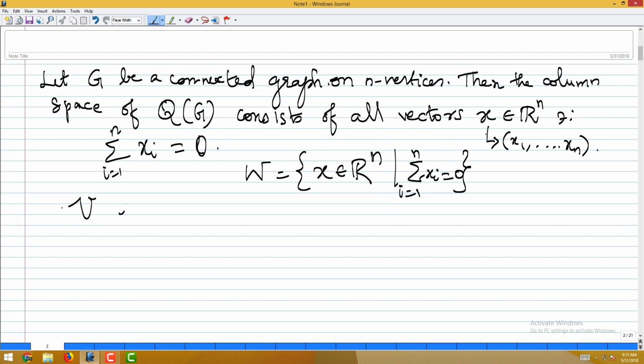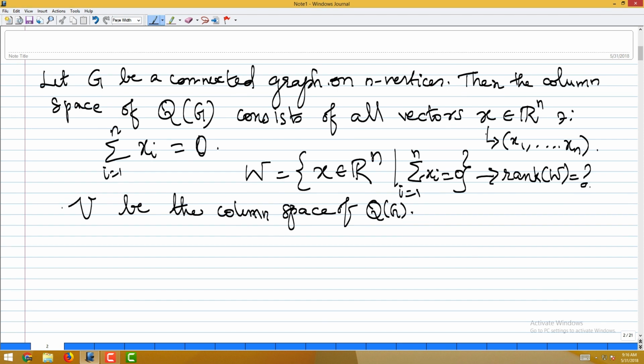Let us also start with, let U be the column space of Q. I am just claiming that this U is equal to W.